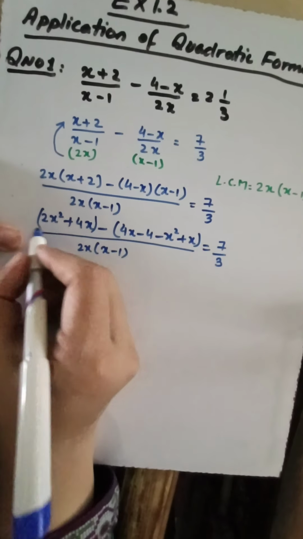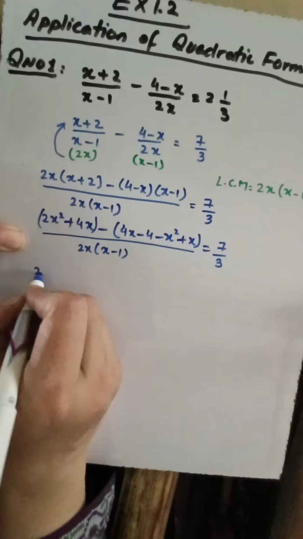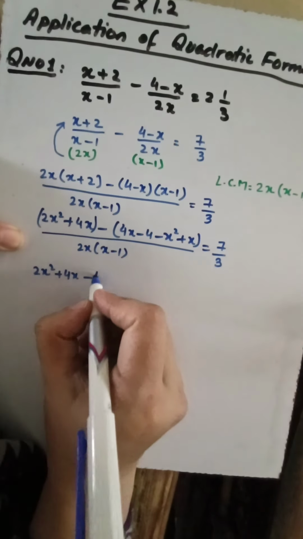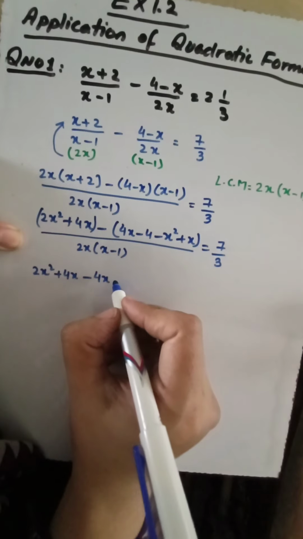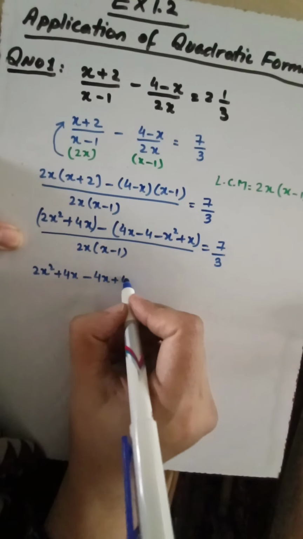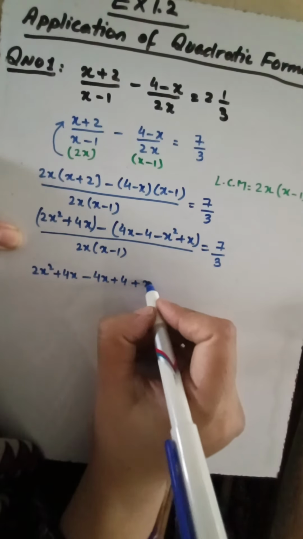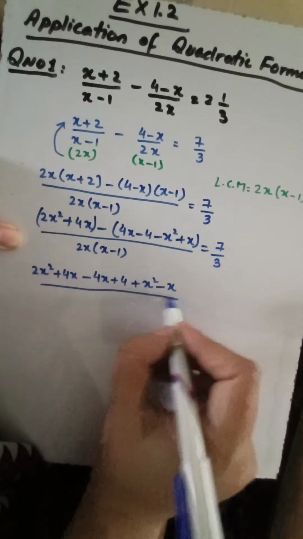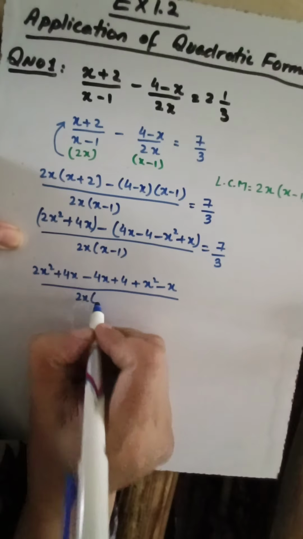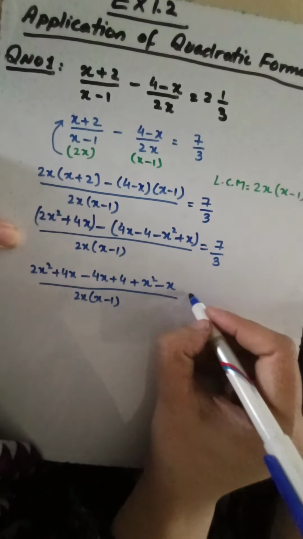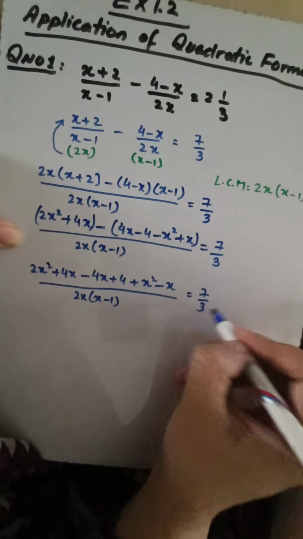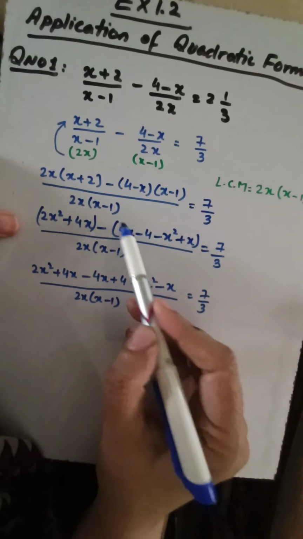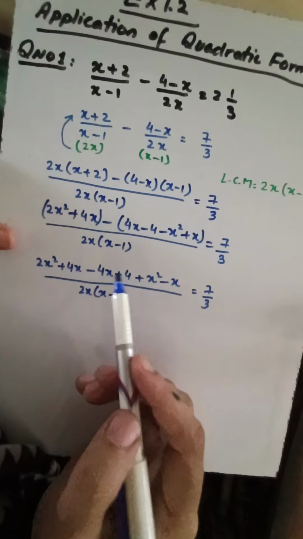Now I am going to open these brackets. We will get 2x square plus 4x minus 4x plus 4 plus x square minus x over 2x (x minus 1) is equal to 7 over 3. Now you could also add these two and then open this bracket; it doesn't make any difference.